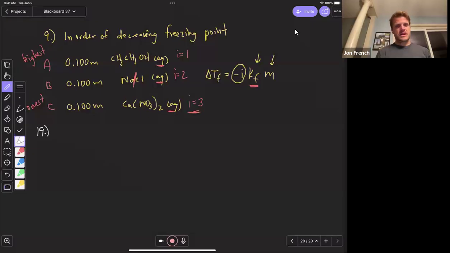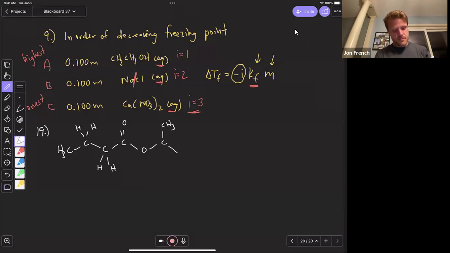All right, so for question 19, they give us this following ester, CH3, C, with two hydrogens there, two hydrogens there, carbon, oxygen. Esters are named in two parts.